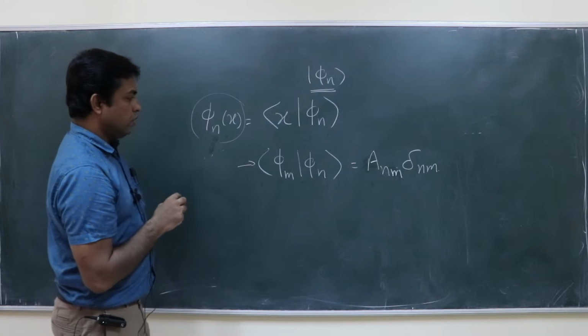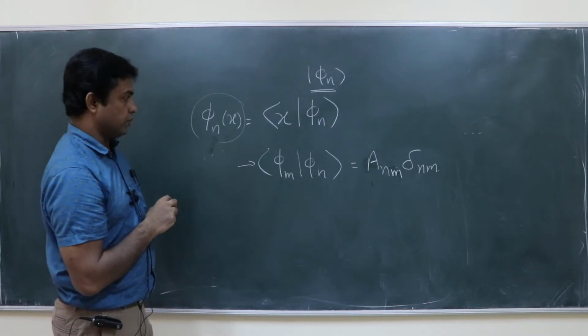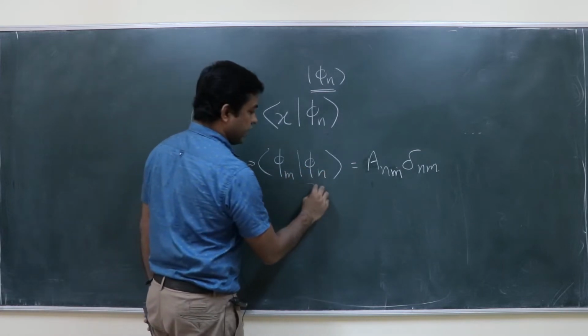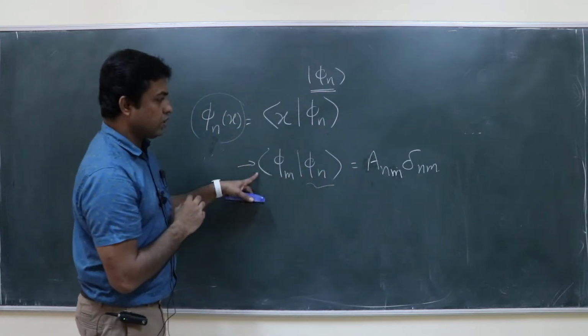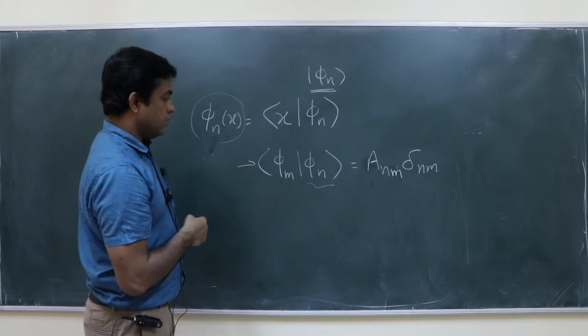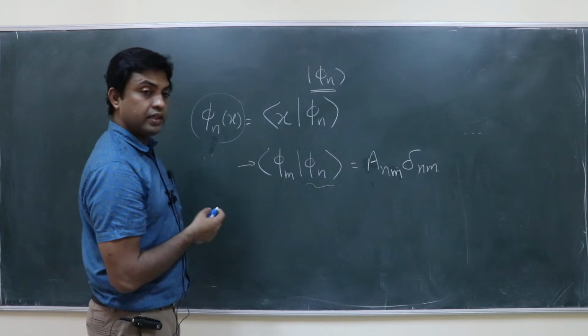Now we want the completeness relation also. In terms of the ket vectors phi n, this is the orthogonality relation. So what will be the completeness relation?